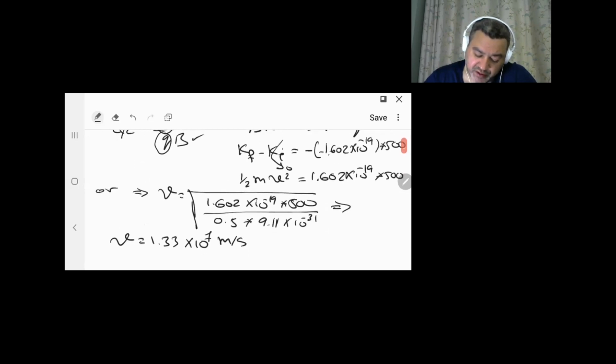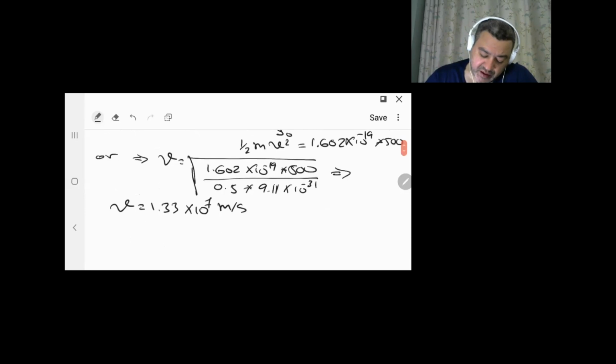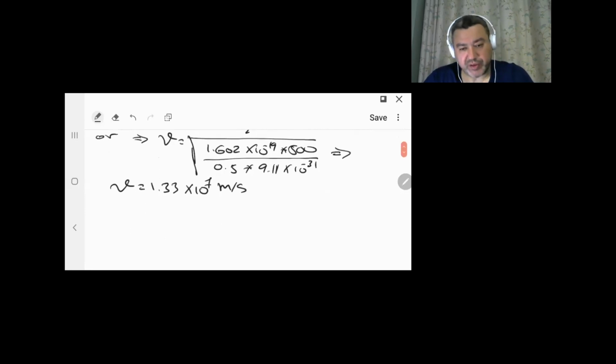Now I need to find the magnetic field. Where do I calculate the magnetic field from? If you recall the period equation, T equals 2 pi m over QB.